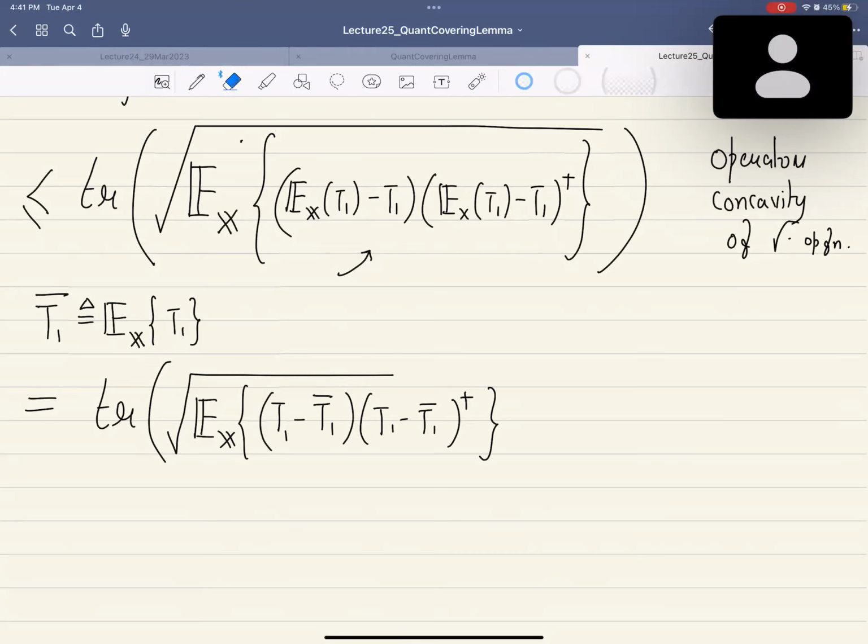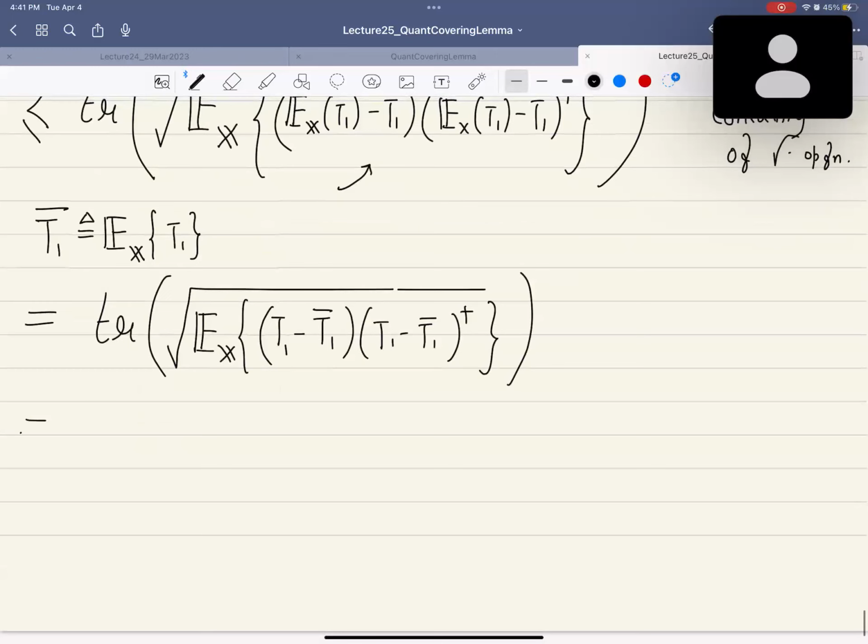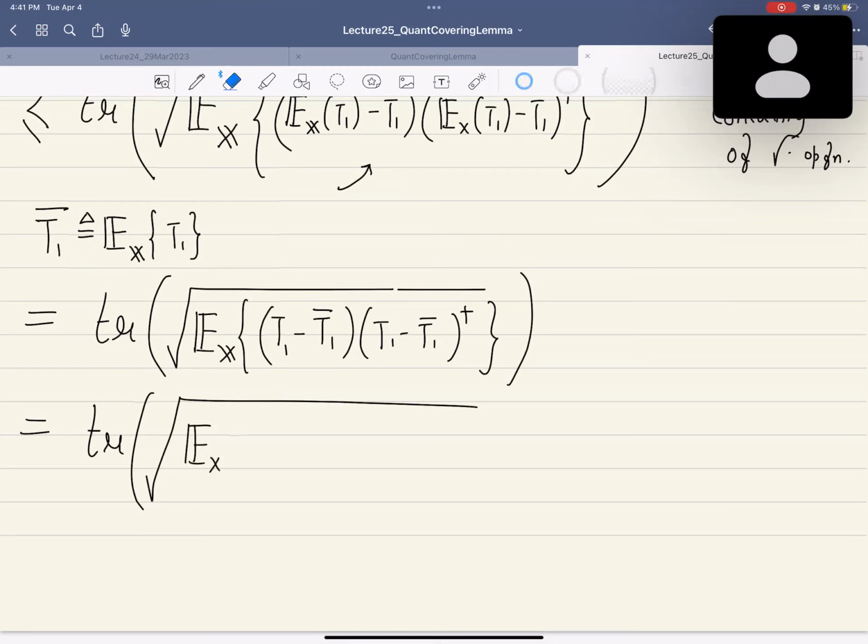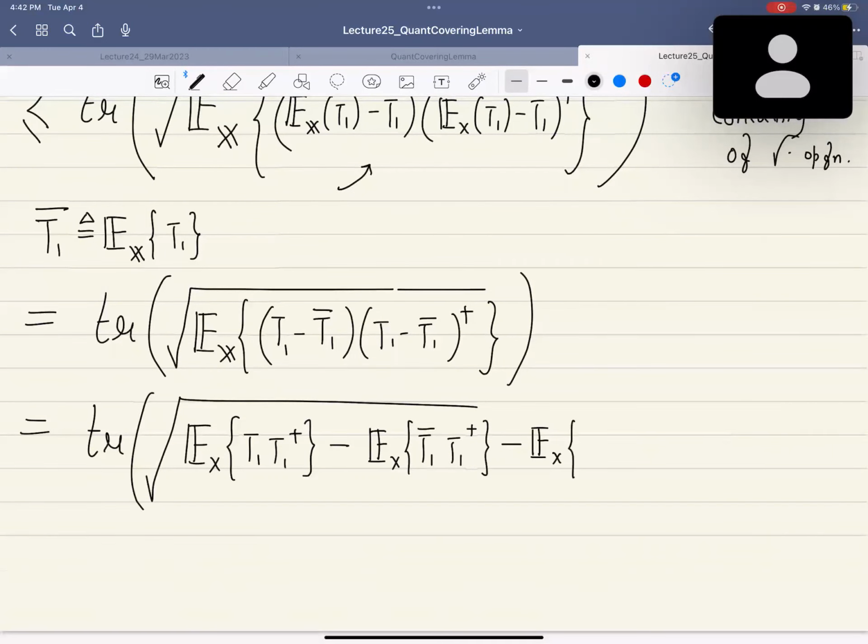That is trace of root of expectation of T1 T1 dagger minus expectation of X T1 bar dagger minus expectation of T1 bar T1 dagger plus expectation of T1 bar T1 bar dagger.